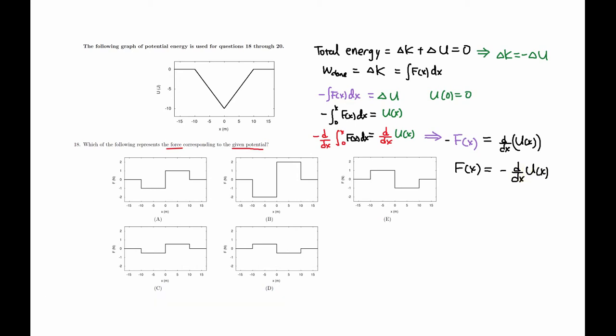So remember, every time a derivative is shown, we are finding the slope. So the slope of potential energy gives us the force here, but it has a negative in front, so negative slope of potential energy.